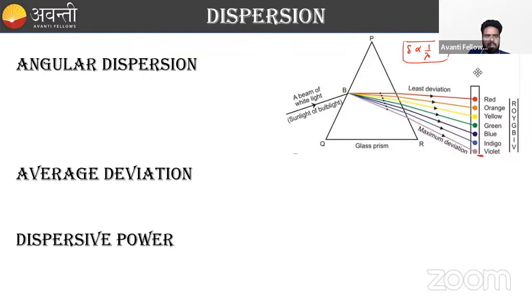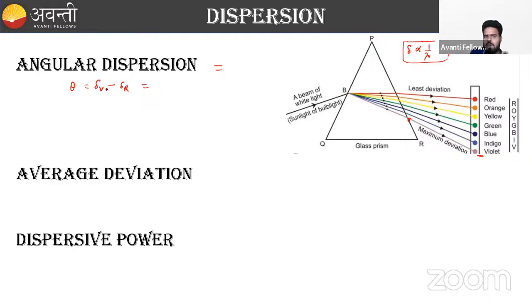That is another concept, what is the angular dispersion. If you want to define the angular dispersion, this particular phenomenon, that is the splitting of rays, is known as dispersion. We can say that the ray deviated most is the violet color, and the ray deviated minimum is the red. If we find the difference between these, this is known as our angular dispersion, and it is represented by theta.